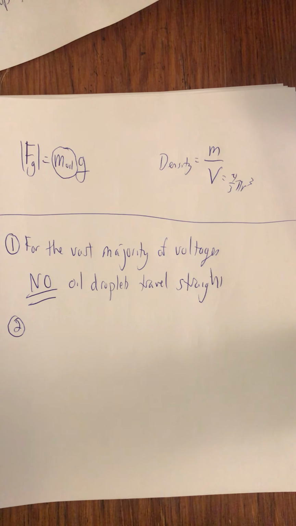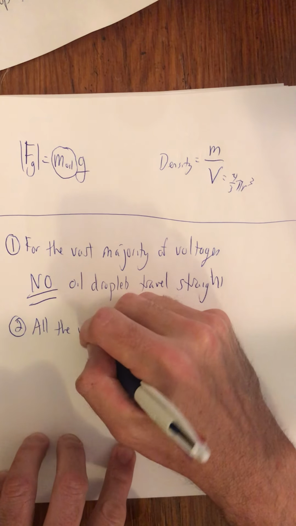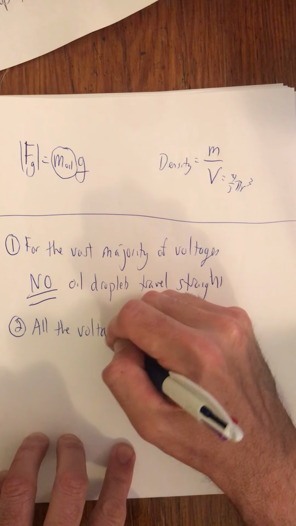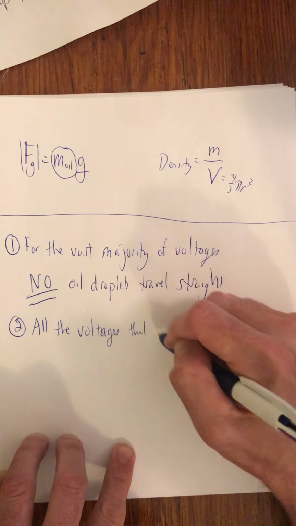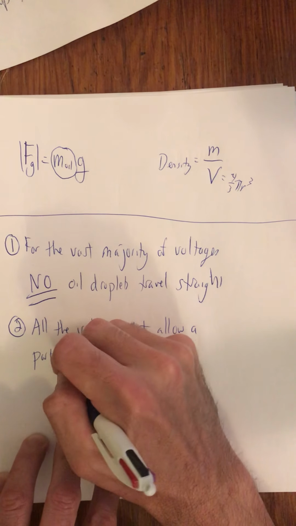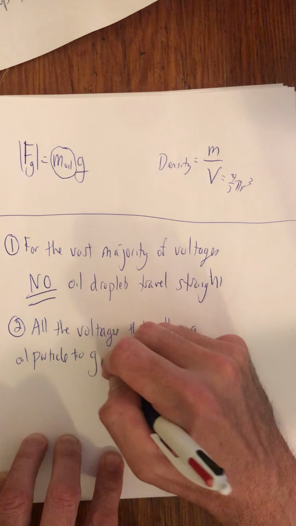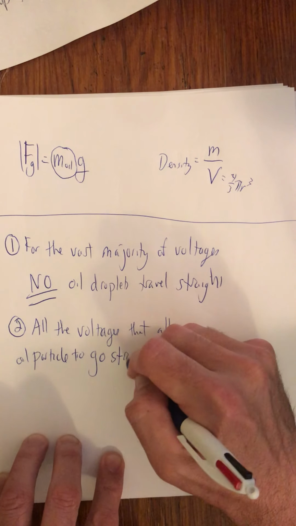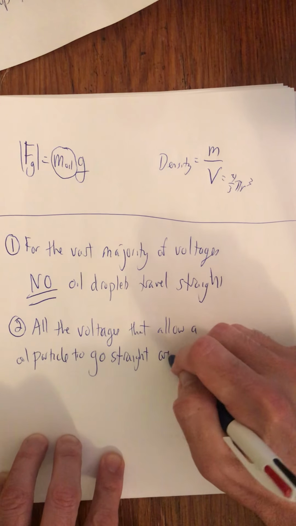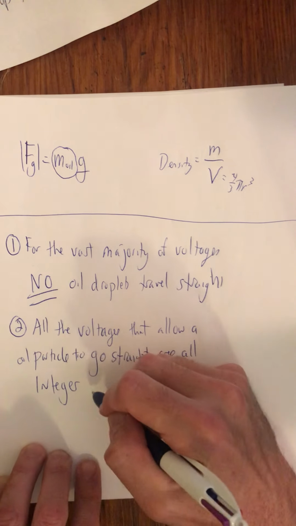And then you start to find all these voltages where the oil droplets go straight, and then what you find out is that all the voltages that allow an oil particle to go straight are all integer multiples of each other.